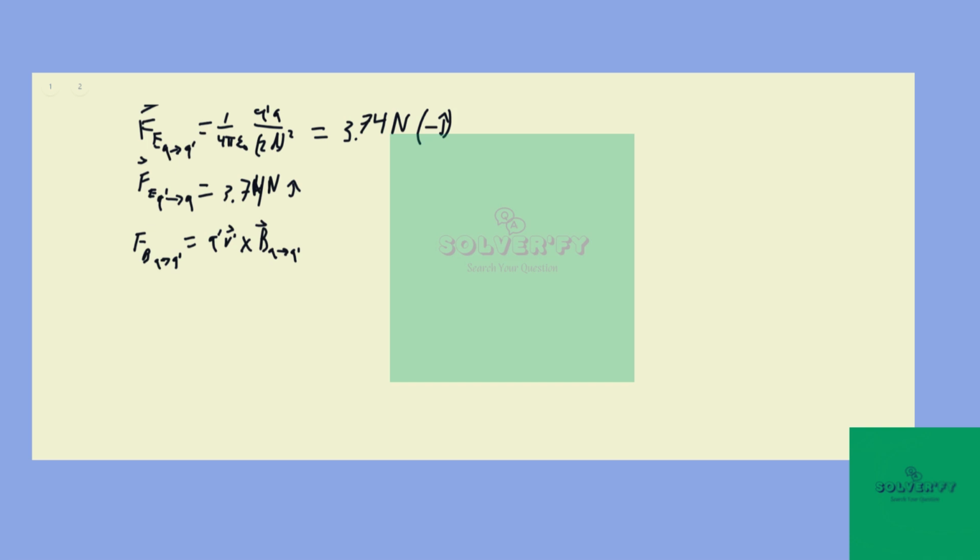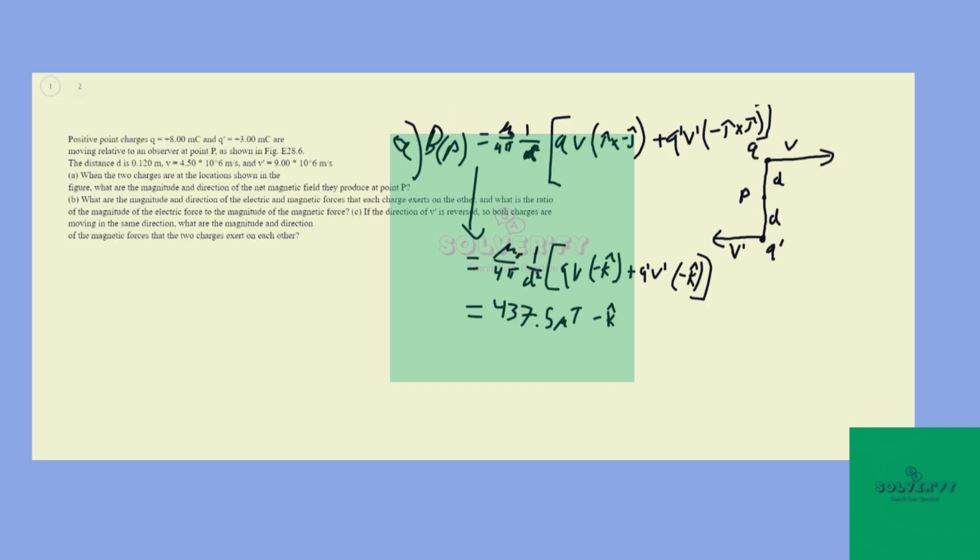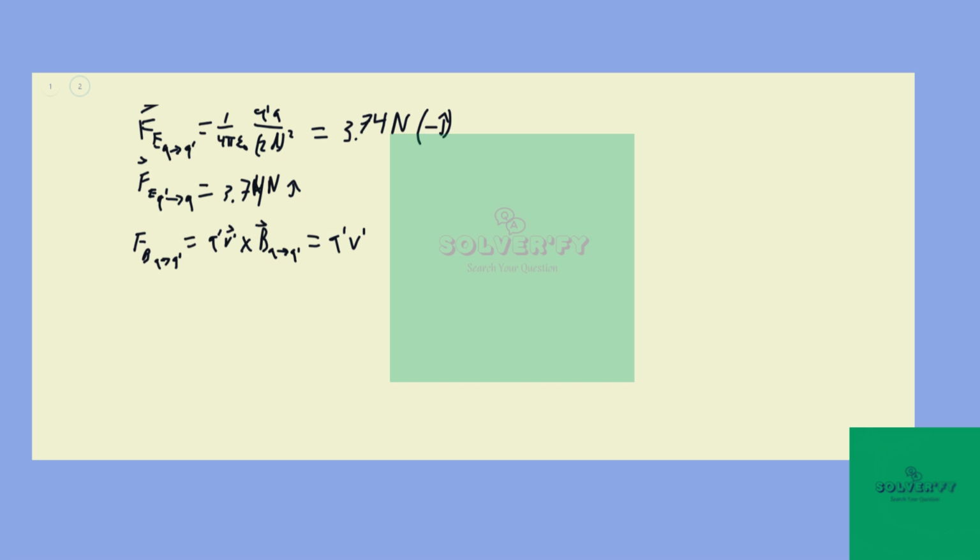So the Lorentz force law is Q V cross B. We can plug this in. So we have Q prime, V prime, and then the V prime unit vector was the negative i hat.